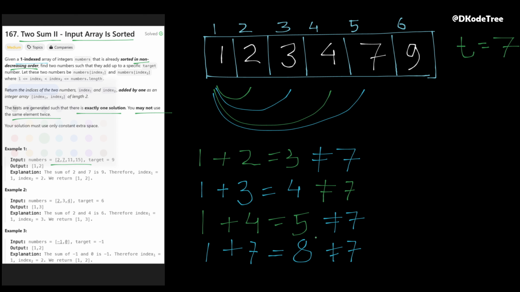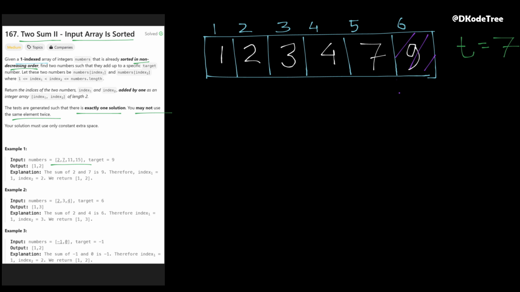But note that 8 is actually greater than 7. Since the array is sorted, the sum with the next number will also be greater than 7. So as an optimization, we can stop checking any numbers after this one. Now our array in consideration is only till this point.